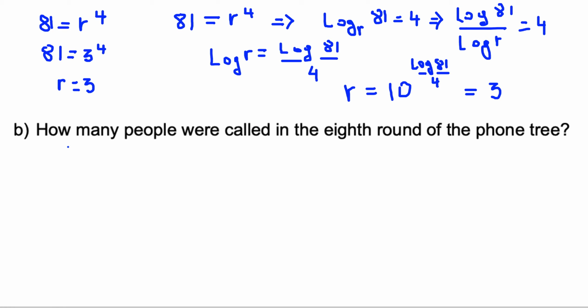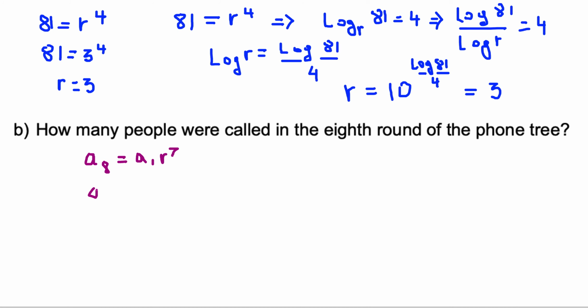Now in B, how many people were called in the 8th round of the phone tree? Let me change the color a little bit. In the 8th round, let's make the term n equal to 8. So a8 is equal to a1 times r in exponent 7, because this exponent is 1 less than the term.